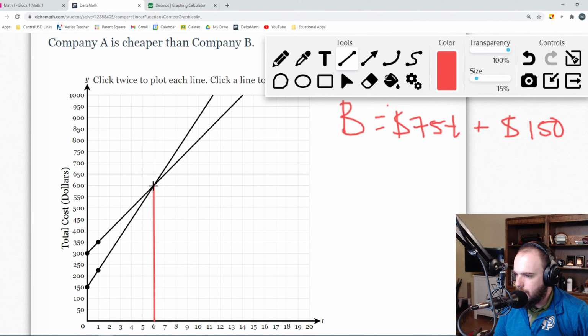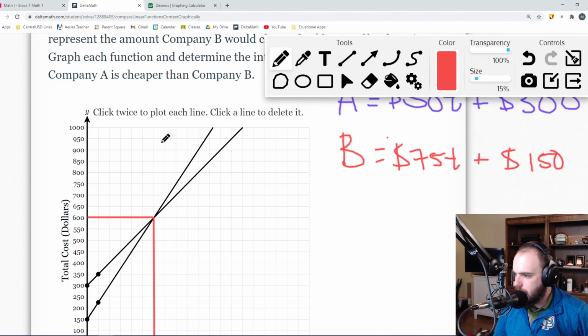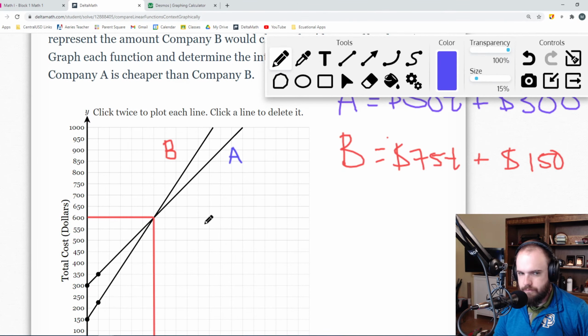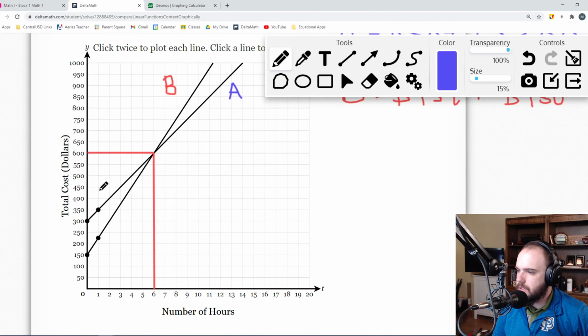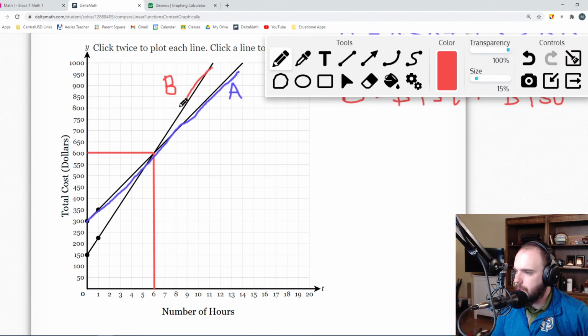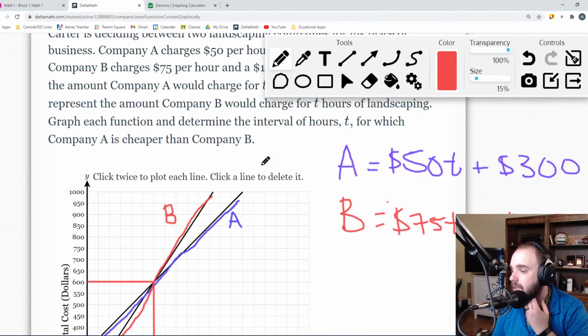For any time before 6 hours, this was going to be our company B, and this was going to be our company A. All right, anytime before 6 hours, company A, this one right here, is going to be more expensive than company B. But we're looking for when company A is cheaper, right?